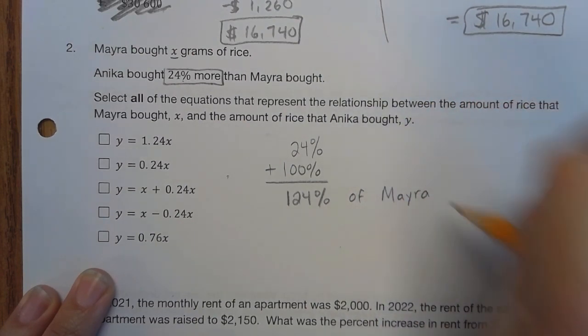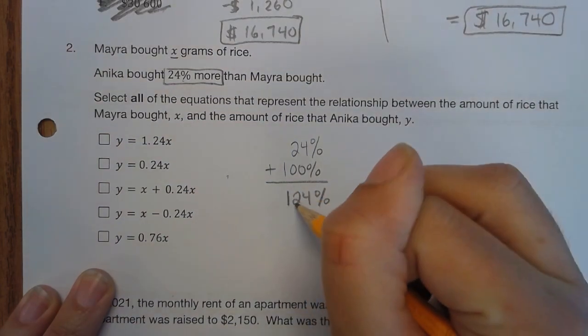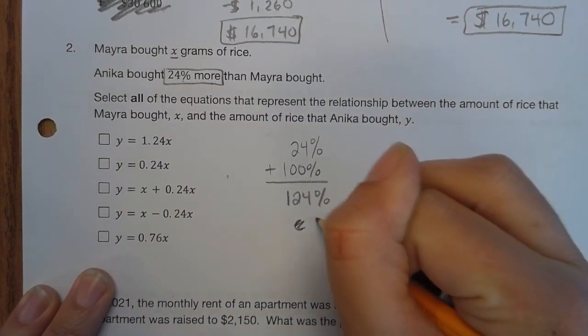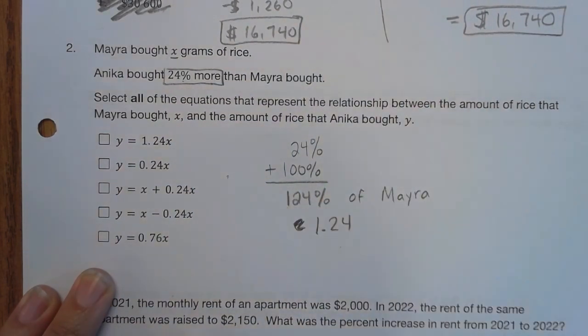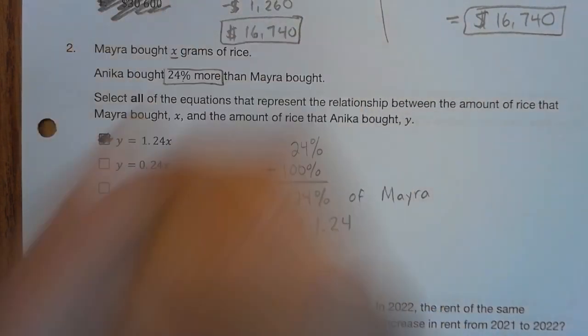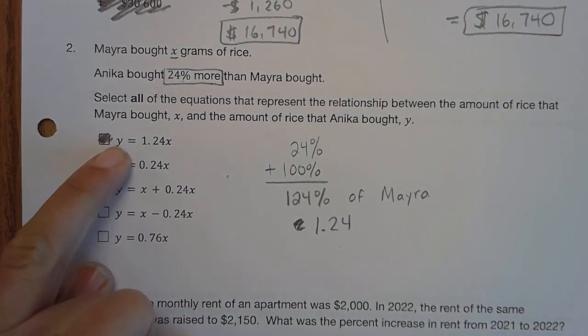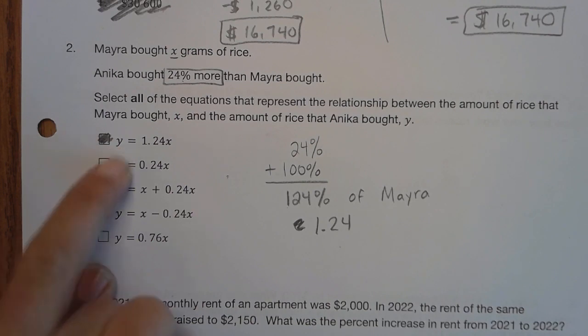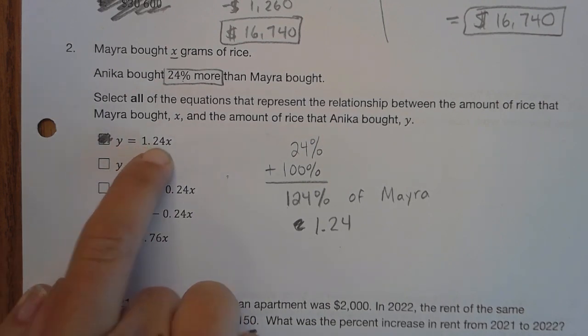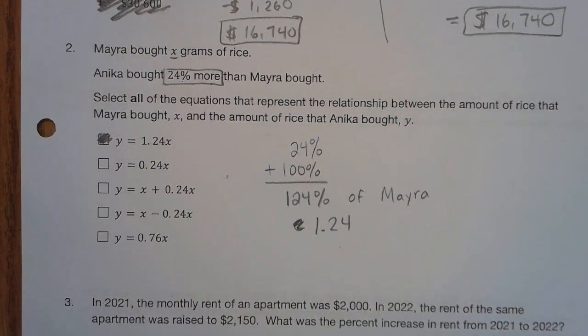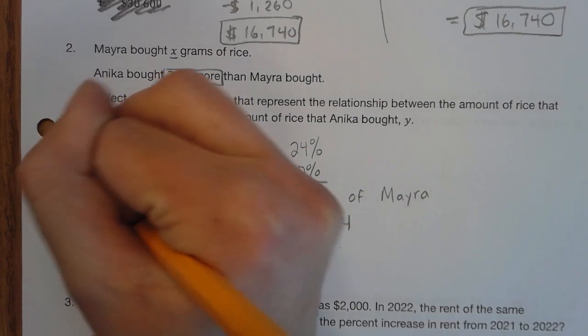That's how much Anika has. 124% is equivalent to 1.24 as a decimal. So we get this first one, Y, which here is representing Anika, is 124% of what Myra bought, or 1.24 times X.